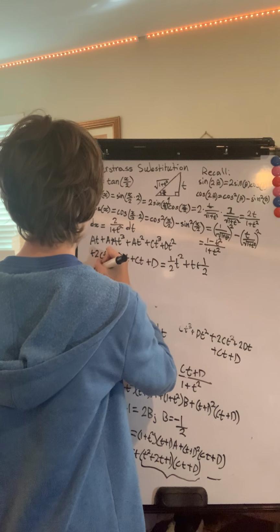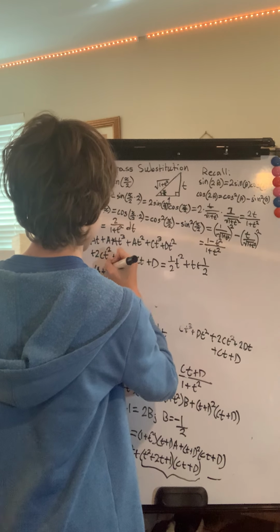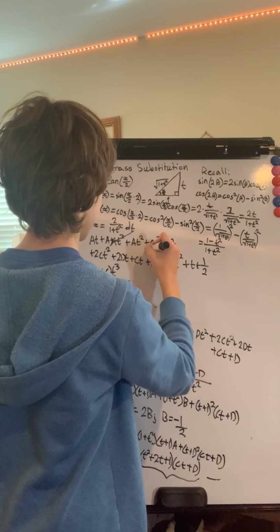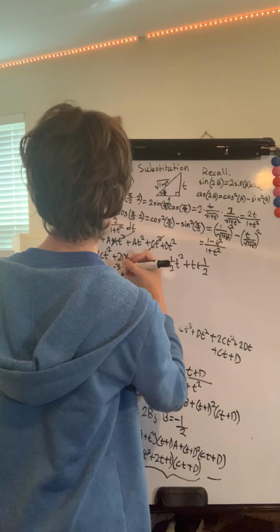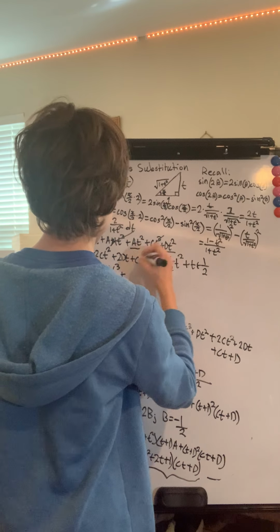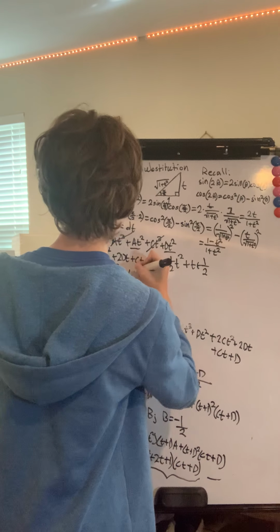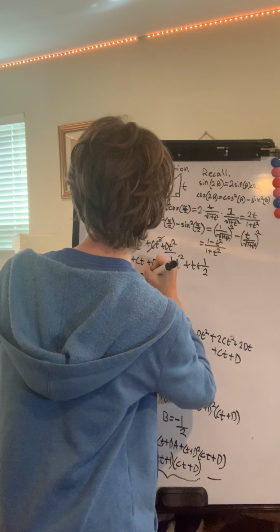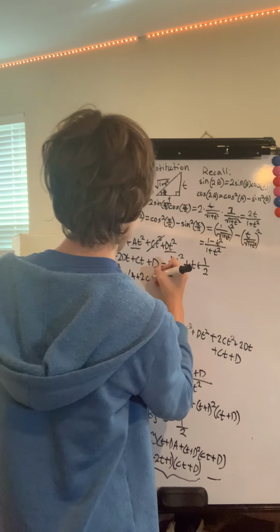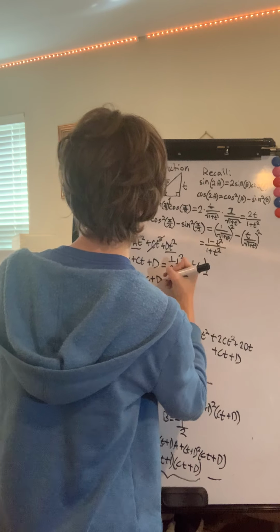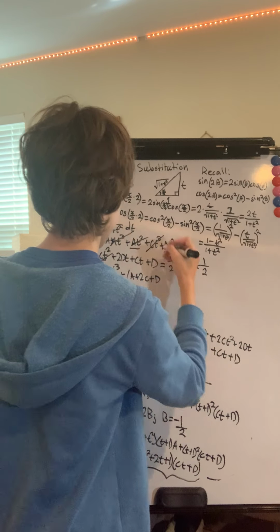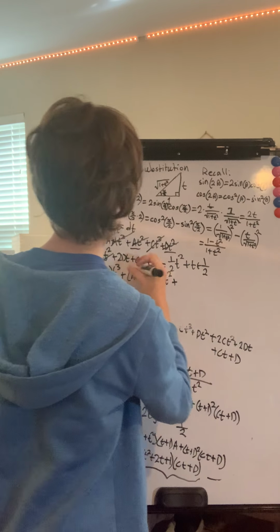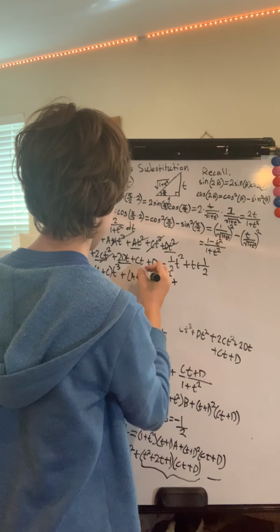We have a plus c t cubed, so we can get rid of that, plus a plus 2c plus d should be t squared plus this.